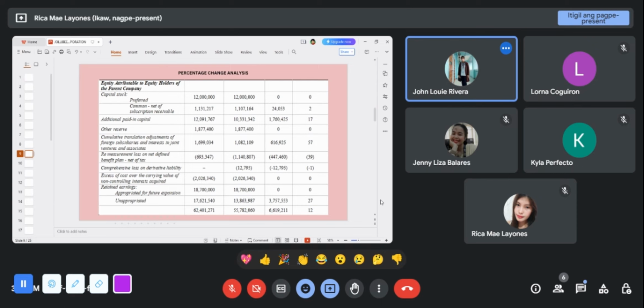Retained earnings appropriated for future expansion, 0. Unappropriated, amount 3,757,553, increased by 27. And last, 6,619,211, increased by 12.